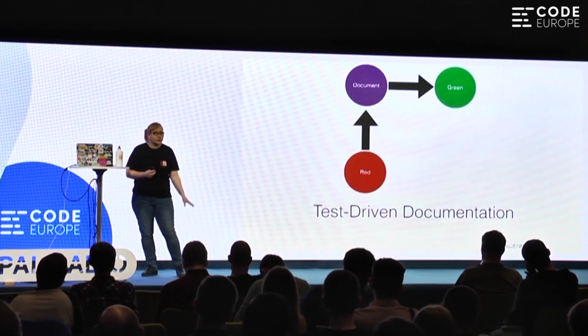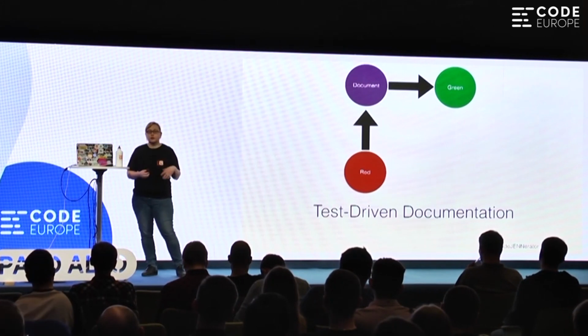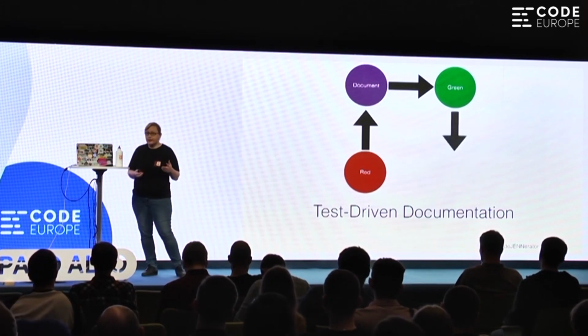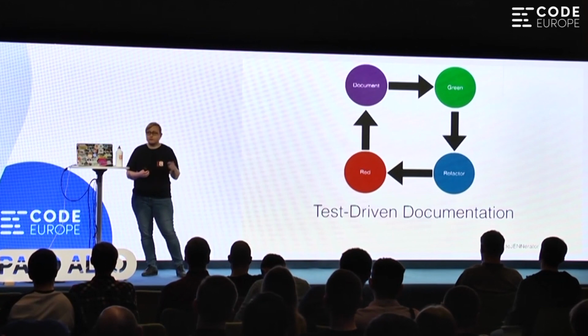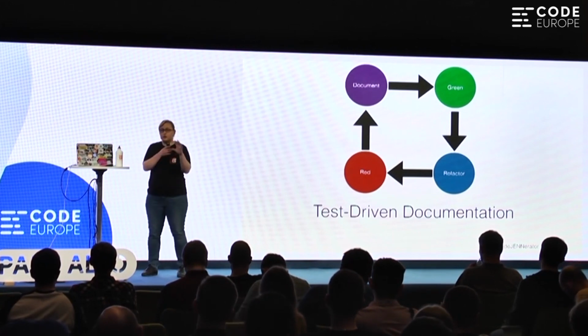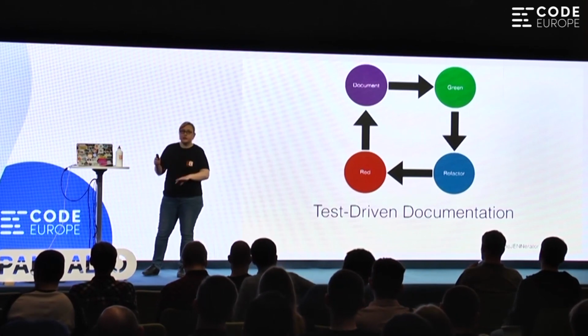So that means you start with your failing test. In order to go to green, you have to update or add documentation. When you refactor, you start the cycle again. And when you're refactoring, you're also updating your documentation. So it makes sure that at least that part of it stays in sync.